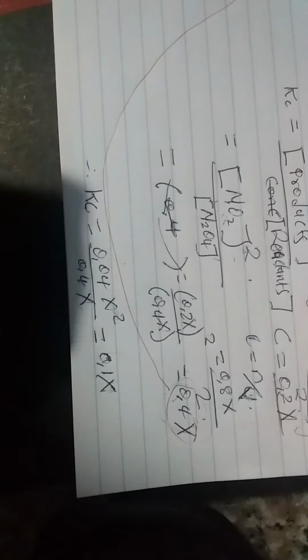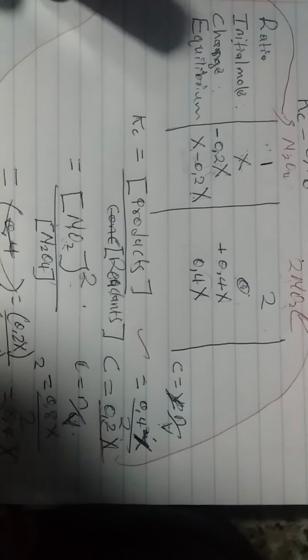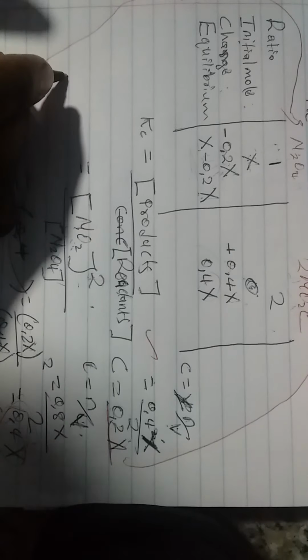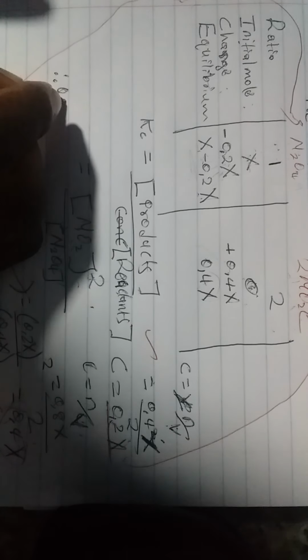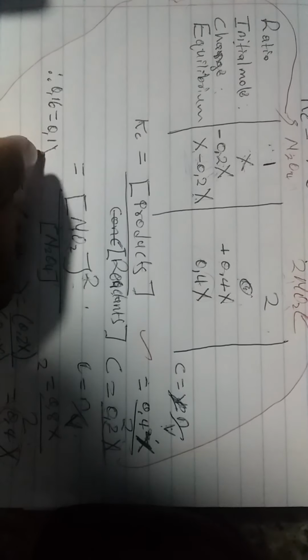So remember that we were given the value of Kc at the top there. We listed our data, so the value of Kc is 0.16. Therefore 0.16 is equal to 0.1x.